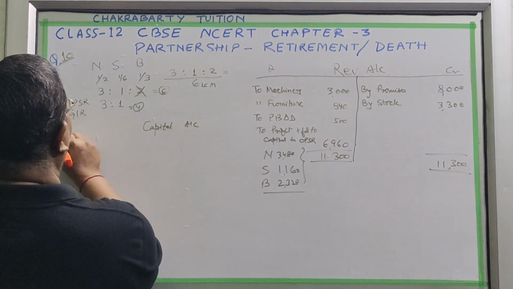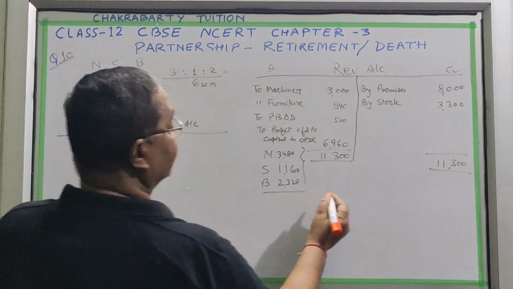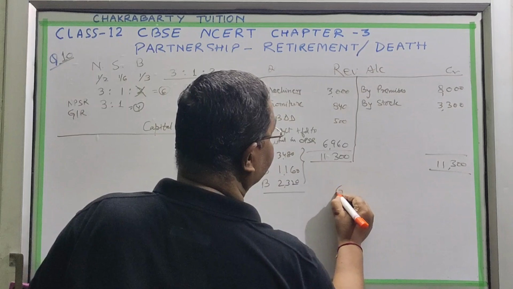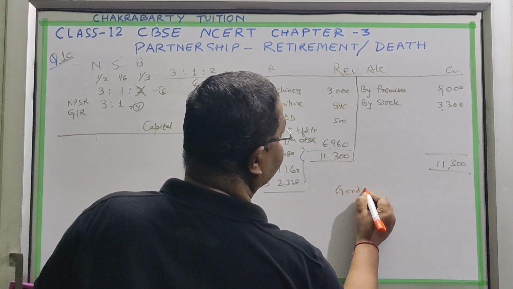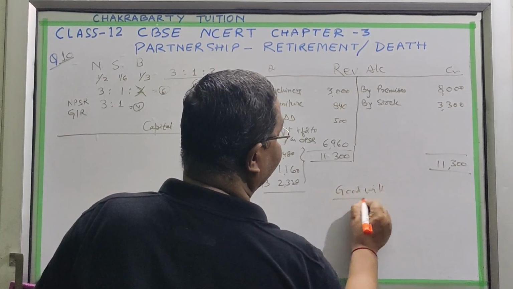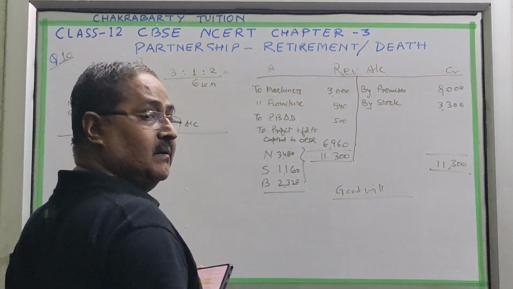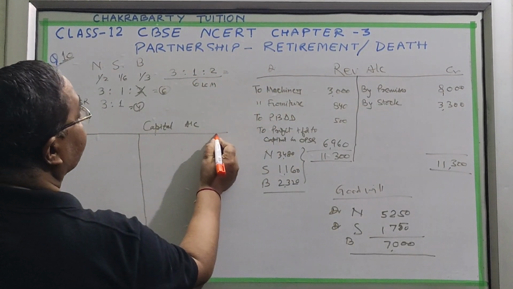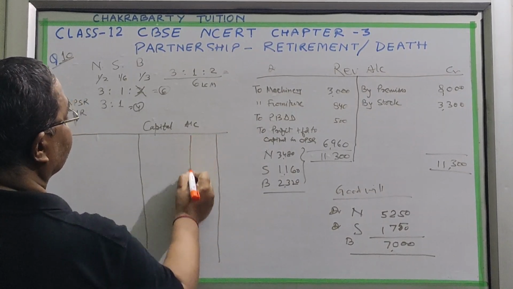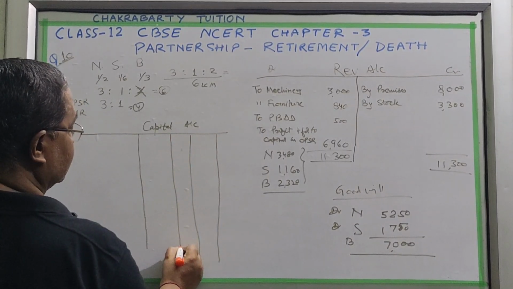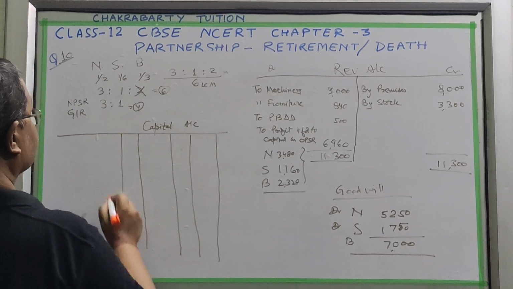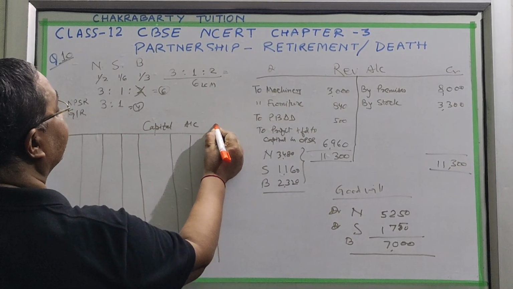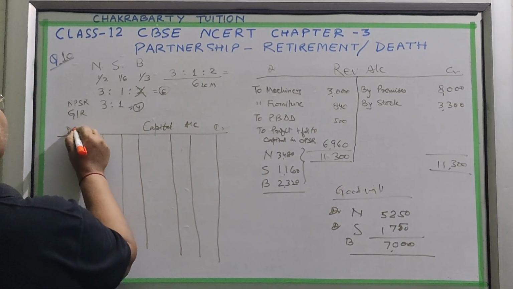Goodwill I have written out here, goodwill distribution. So capital accounts we will prepare. This is your credit side and this is your debit side.